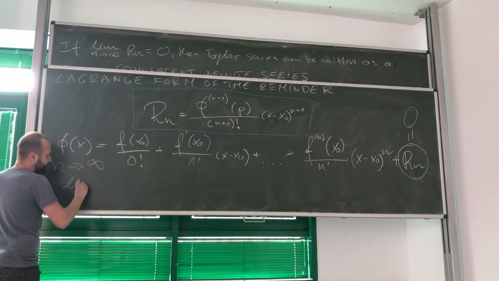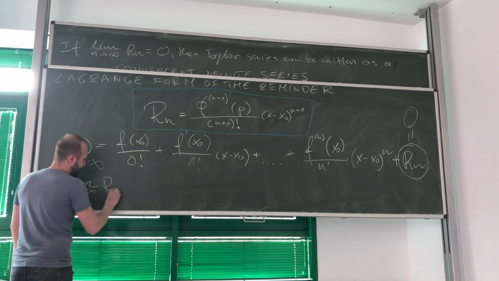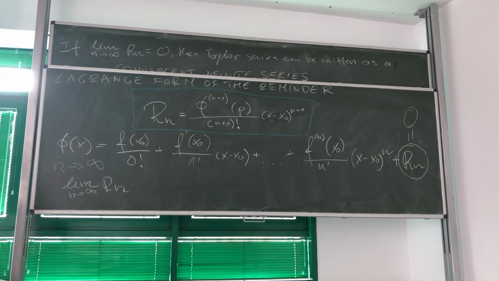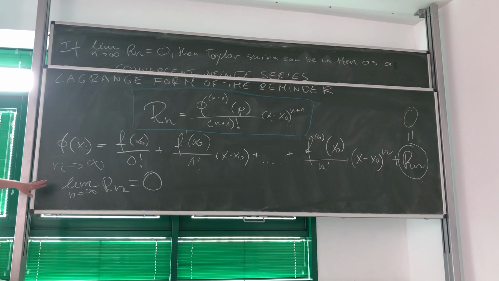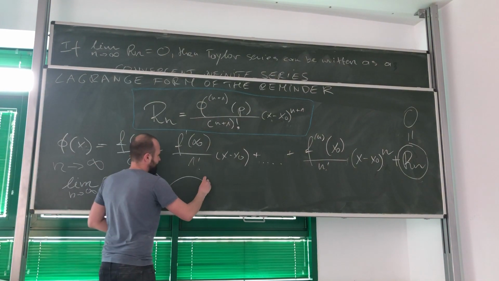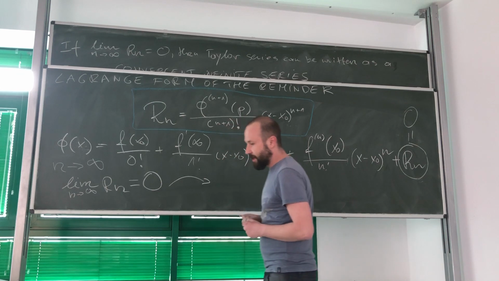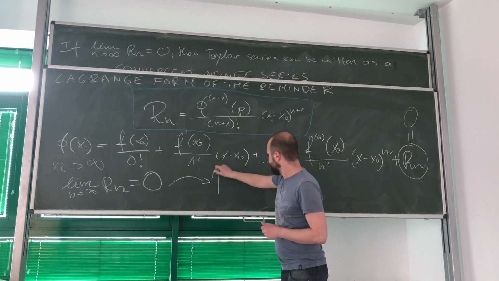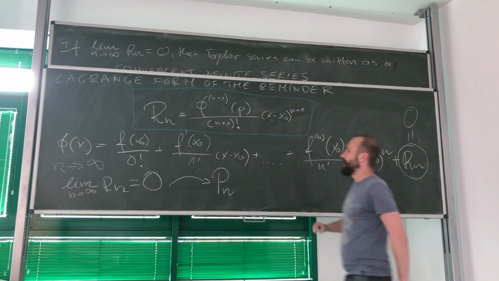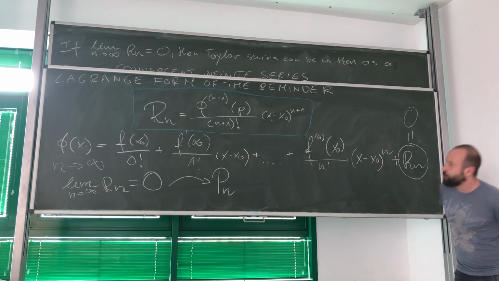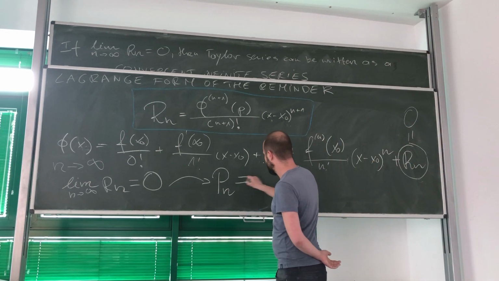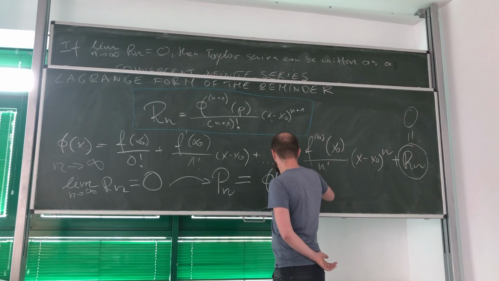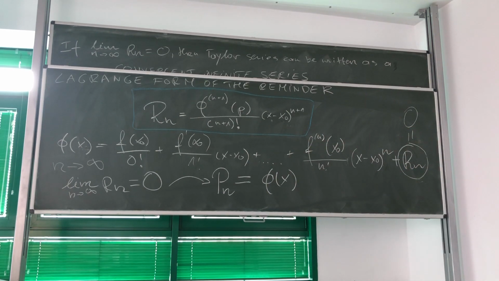If I calculate the limit with n approaching infinity of Rn, and it happens that this limit is exactly 0, then what does this imply for our function? It implies that Pn, the polynomial of degree n, is equal to f of x.